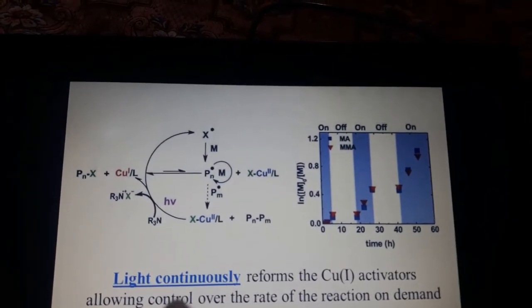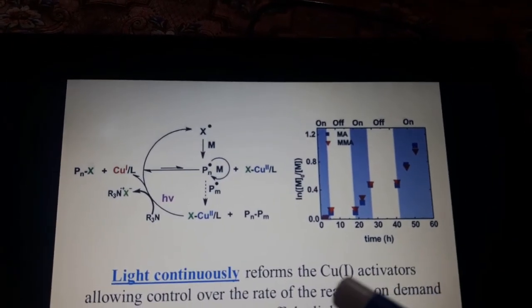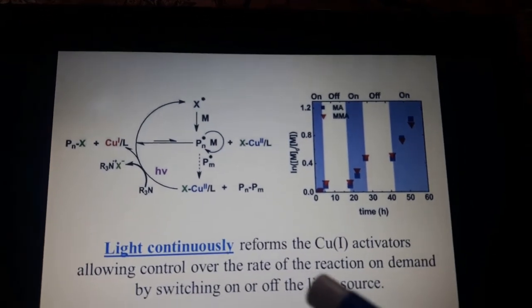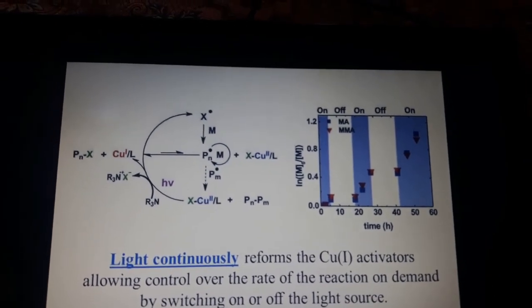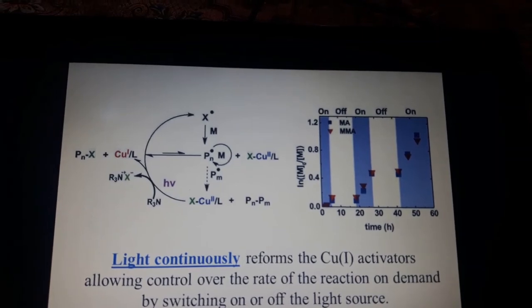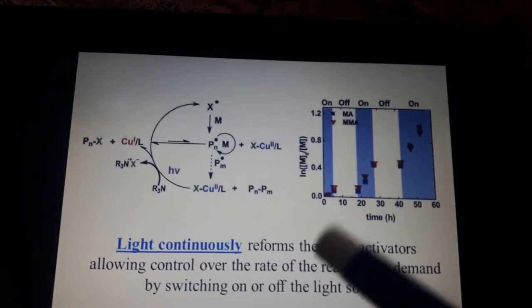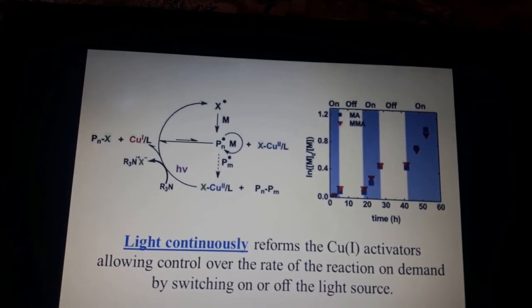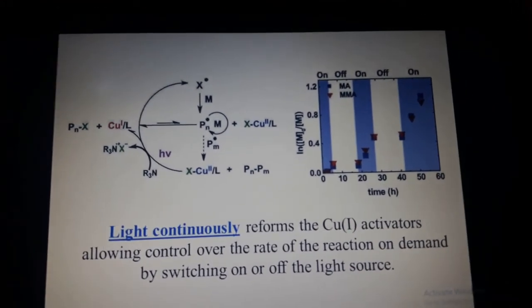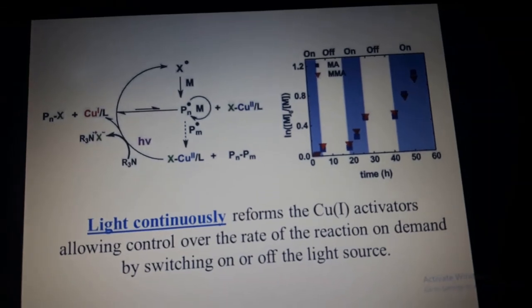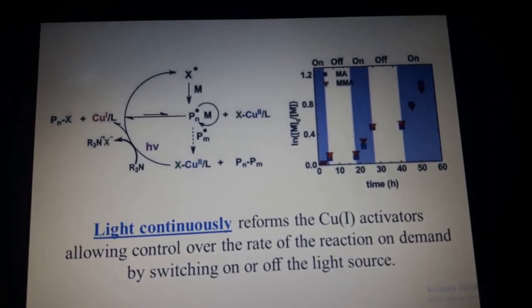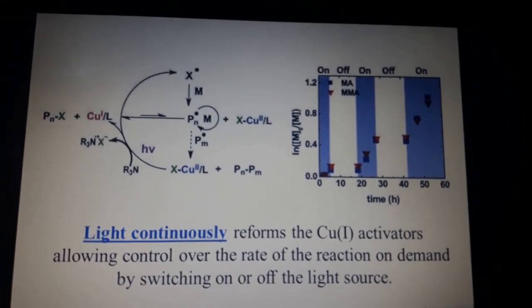Light continuously reforms the activator, allowing control over the rate of reaction on demand by switching the light from the source on and off. So this is also an environmentally friendly polymerization. Hope that clarifies the topic, which is the preparation of advanced materials using atom transfer radical polymerization.